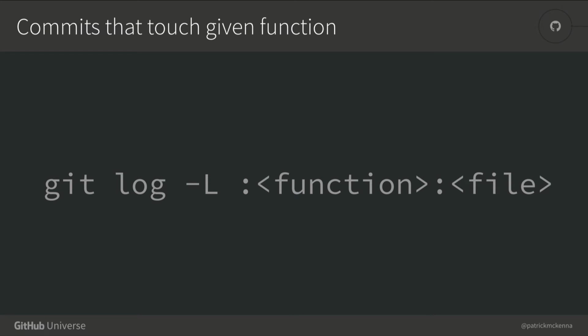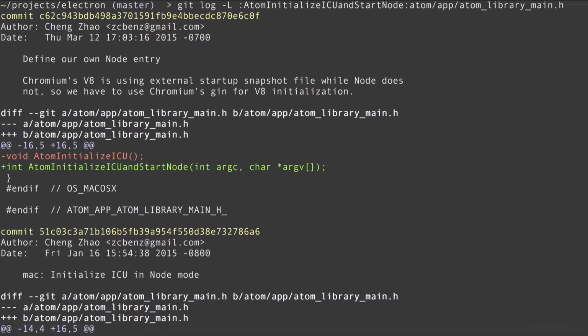So obviously Git's going to do some guesswork here and so forth, but it's usually pretty good. So it's pretty straightforward. The output you'll get is something like this right here. So we're searching for all commits that are going to touch the Atom initialize ICU and start node function in the Atom library main header file right there. And you can see the beginnings of the output for that.